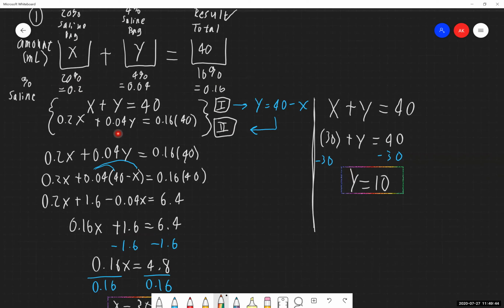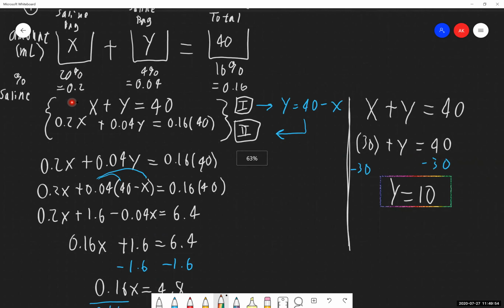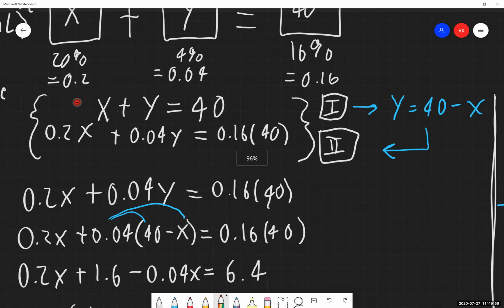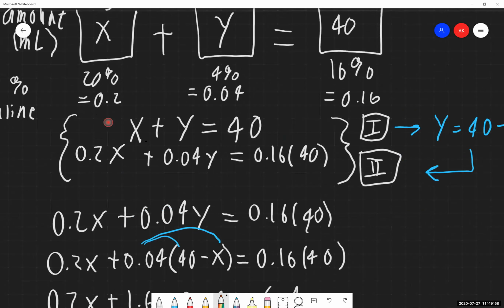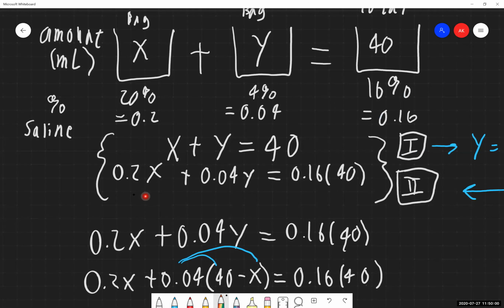So you have to make sure that we are being very, very careful as we are setting up and creating these equations for ourselves. Primarily with the fact that my first equation in this problem is adding the total amount in milliliters together. And my second equation is dealing specifically with the concentration of the first, second, and total amounts that are going to be saline.